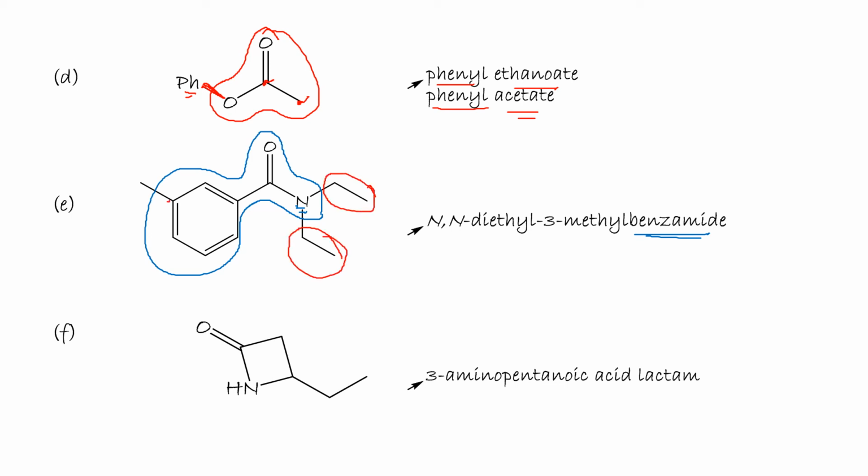And here on carbon number 3, because this will be number 1, 2, 3, we have a methyl, right? So we have N,N-diethyl-3-methylbenzamide.